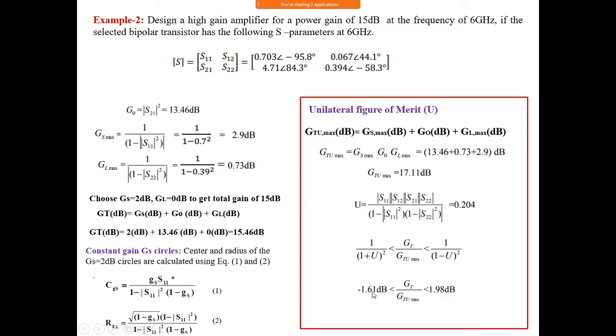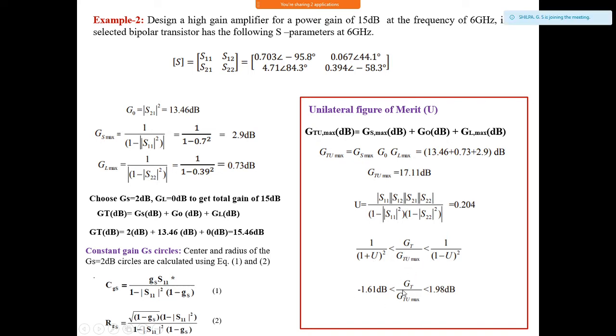See, in the previous class, we were looking at this one. We used to calculate this unilateral figure of merit. U is called the unilateral figure of merit. This depends upon the S parameters of the device. Whichever active device you are using, from its S parameters you can calculate the unilateral figure of merit. Using this, you can calculate limits like this.